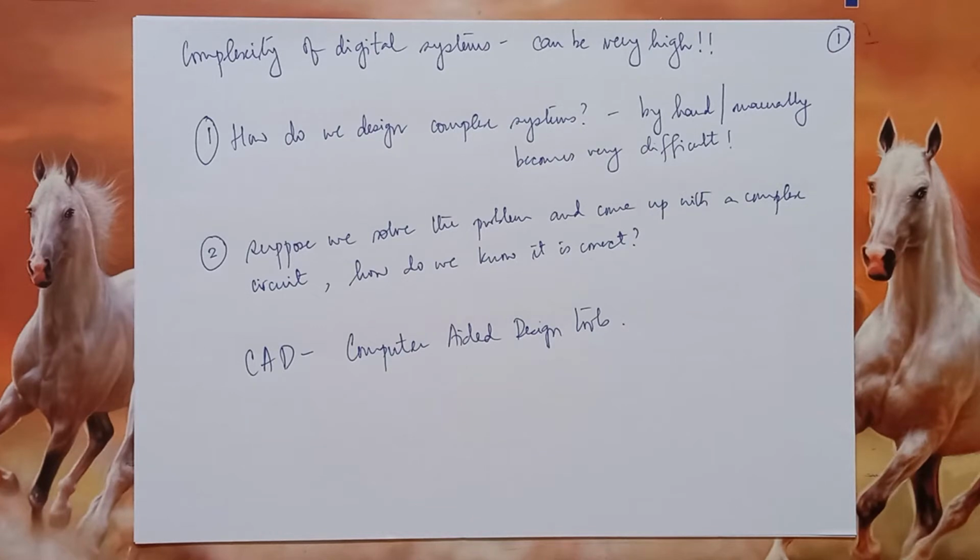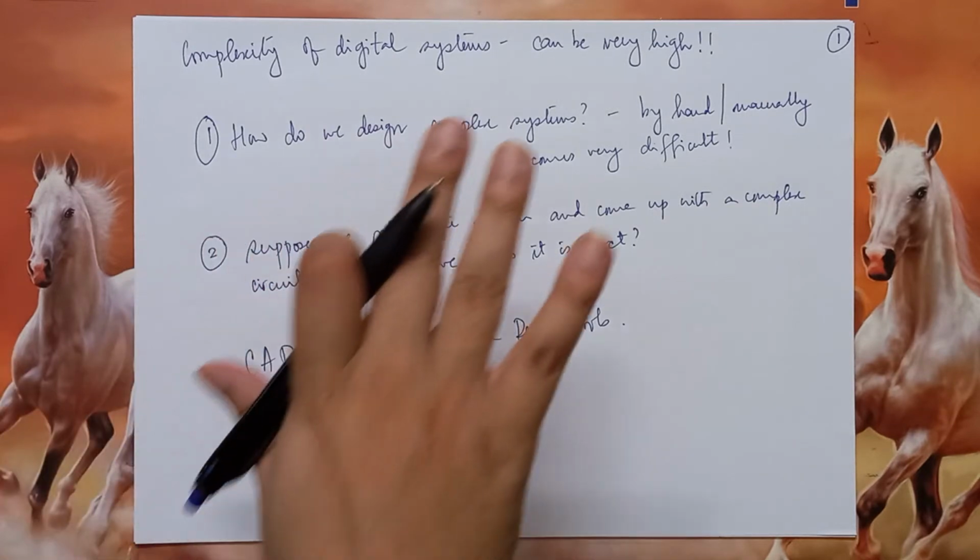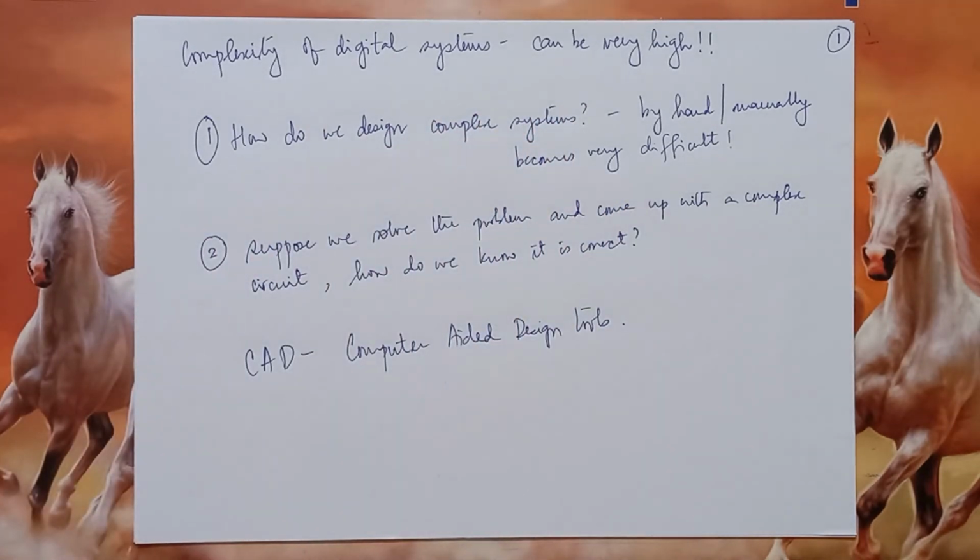So the computer aided tools that we use should not just give us a way to show the interconnections of different logic elements such as gates to realize a circuit, but should also provide a means through which we can describe the behavior of the circuit without having to actually specify these many gates, these many muxes, these many flip-flops.